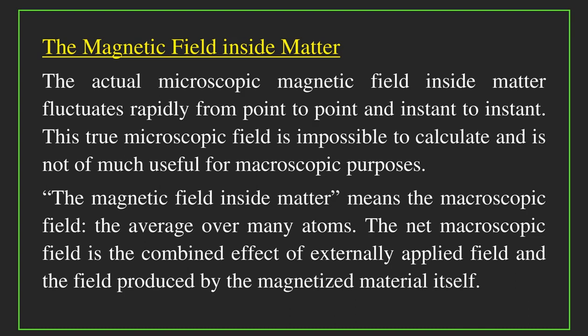Now, the magnetic field inside matter means the total magnetic field. Total means the magnetic field produced by any external agency plus the magnetic field produced by the magnetization. But the actual microscopic magnetic field inside the matter will be rapidly fluctuating, from point to point and from instant to instant, because of the movement of electrons and other charged particles.